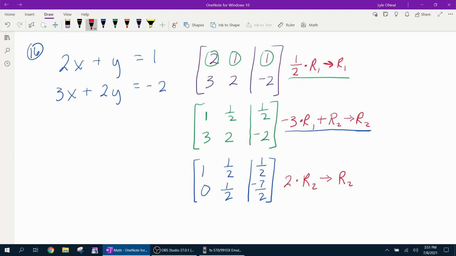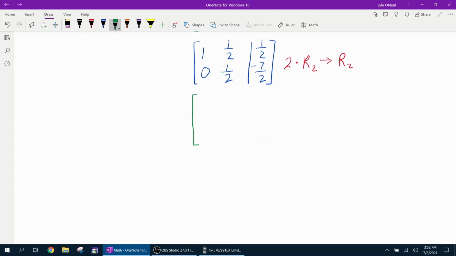Notice that row 1 is not mentioned this time, so row 1 is going to stay the same. So the first step would be to copy and paste the row that doesn't change. Row 1 is not going to change, so I can copy and paste, and then I can execute the row operation, multiplying everybody in row 2 by 2.